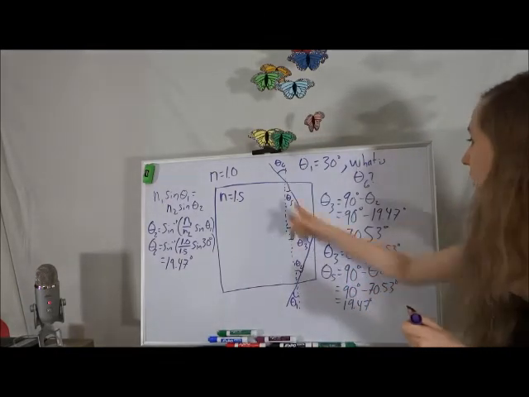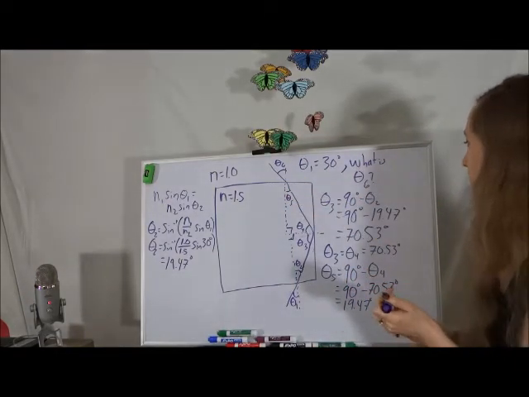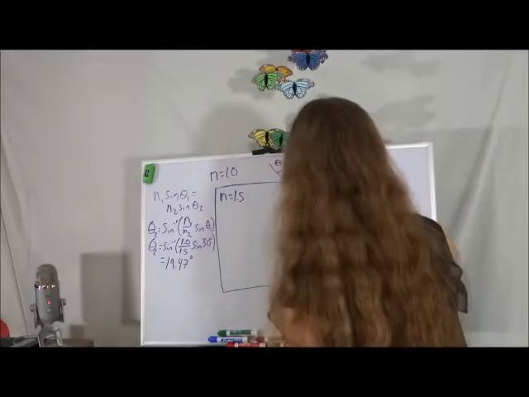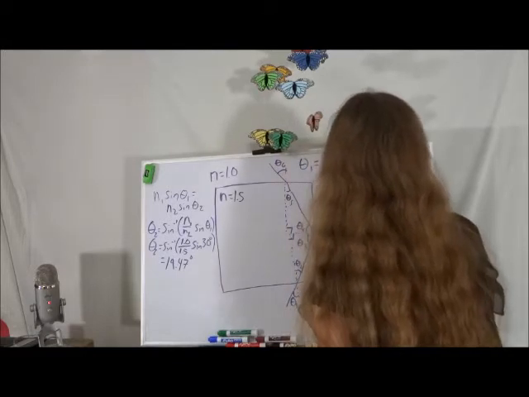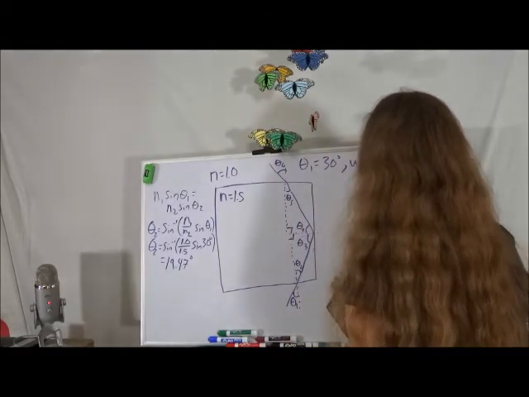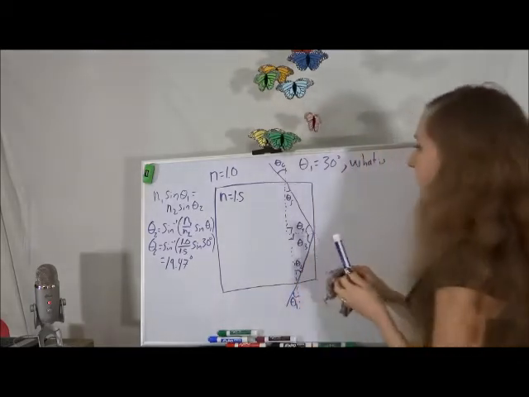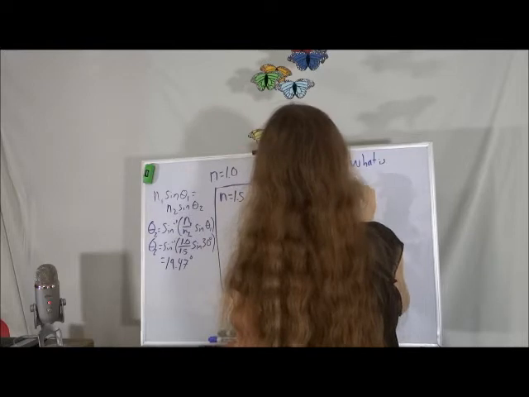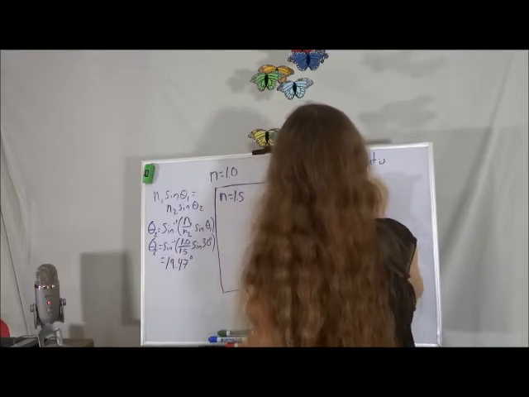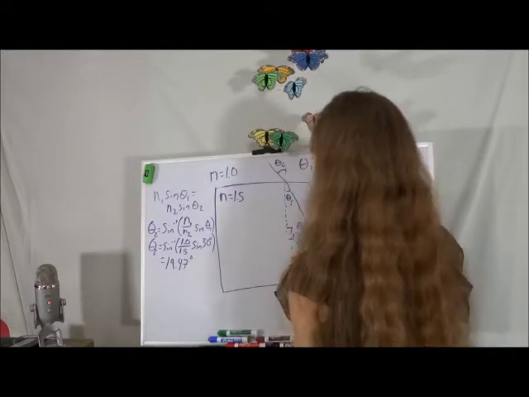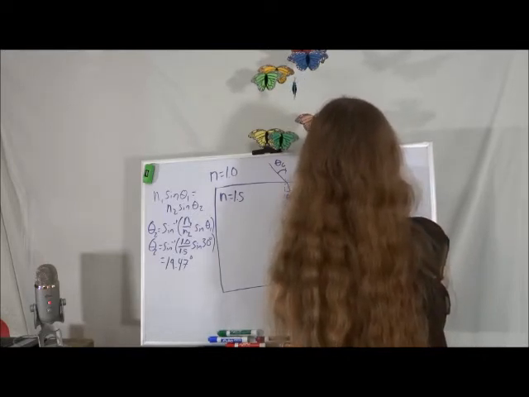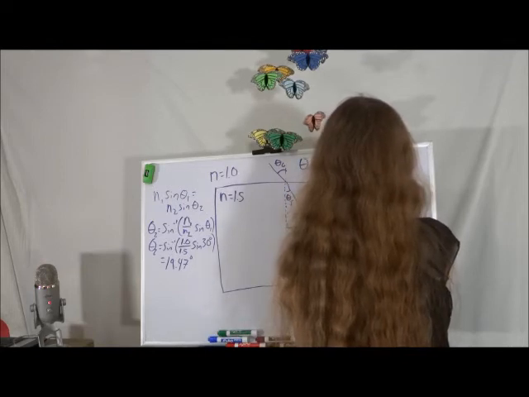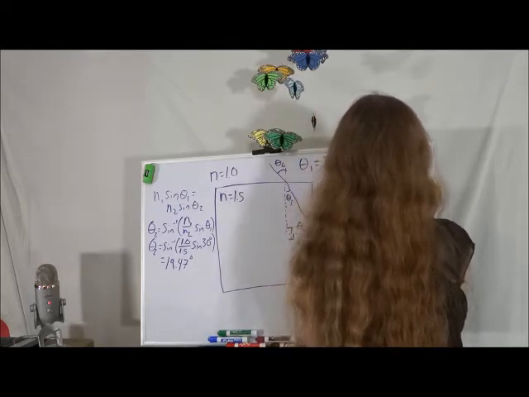So our last thing we need to do is apply Snell's law on this boundary, and then we'll have theta 6. And I'm going to go straight to our rearranged equation. So we're going to have theta 6 is equal to arc sine of n5 over n6 sine theta 5.